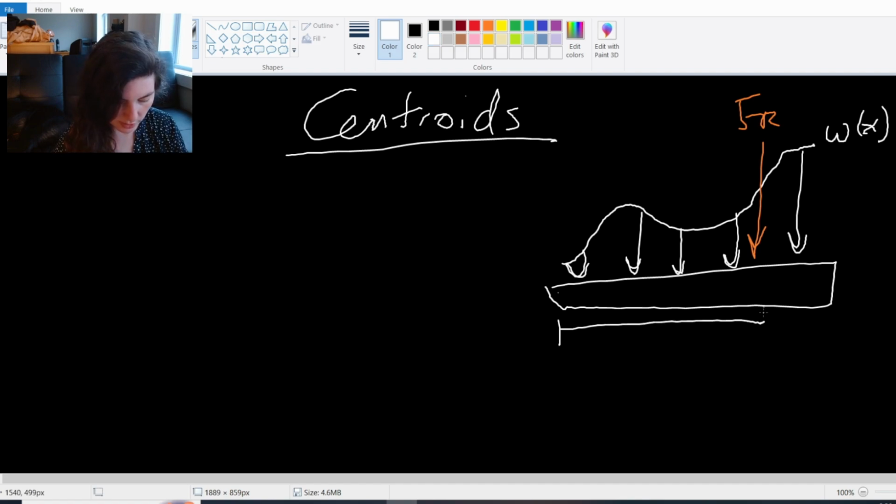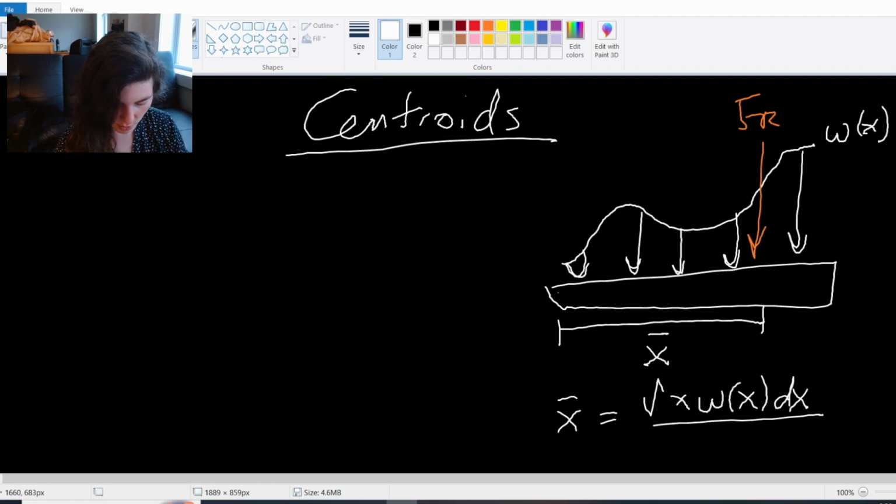So the centroid being that x bar value that we were finding to find where the resultant force was acting. So that equation that we had used was x bar is the integral of x w(x) dx over the integral of w(x) dx.